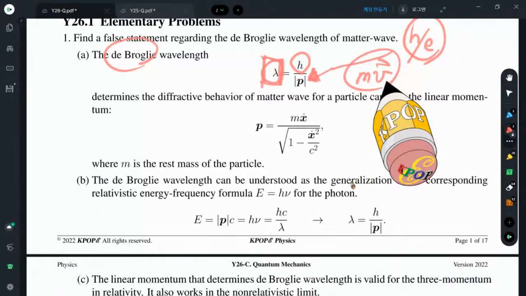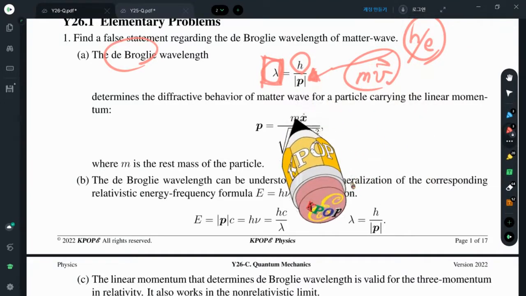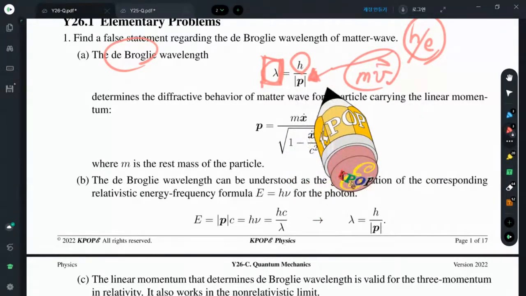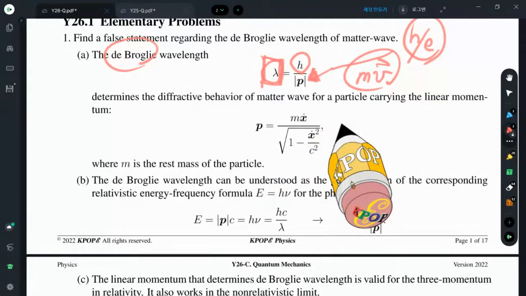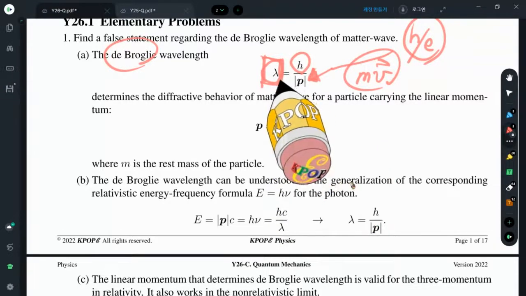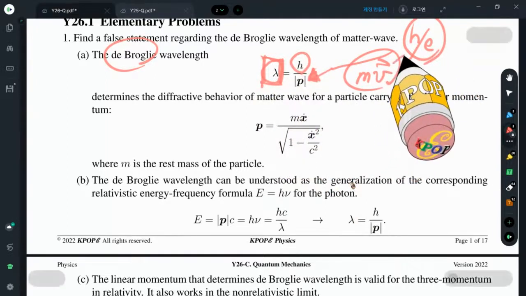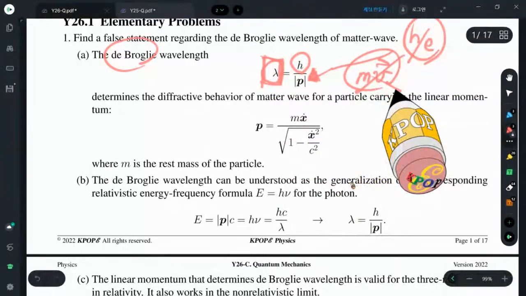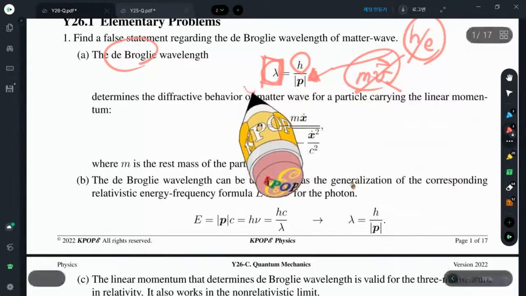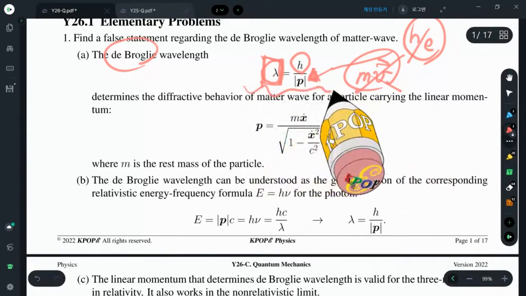The usual high school textbook is wrong, because they assume students are not familiar with relativity. They use lambda equals h over mv. It is completely wrong. The basic idea of this kind of quantum mechanical treatment of a matter wave is purely relativistic, except for the photoelectric effect.